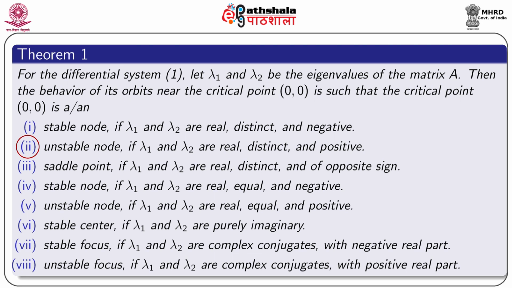If real, distinct and positive, then we get an unstable node. If real, distinct and of opposite sign, we get a saddle point. If real, equal and negative, we get a stable node. If real, equal and positive, we get an unstable node.